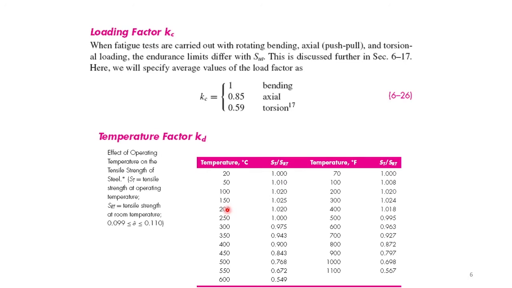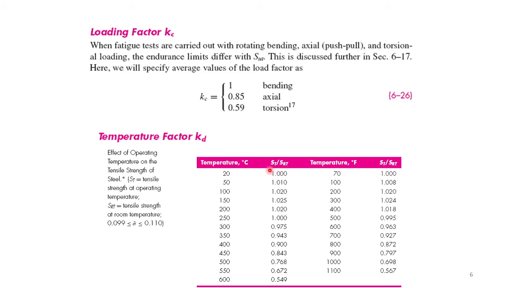If you see a service condition temperature, for example, of 200, you would take this value of ST divided by SRT of 1.02, and you would multiply your ultimate tensile strength at room temperature by this ratio of 1.02.